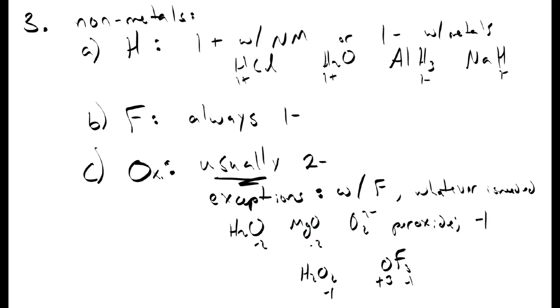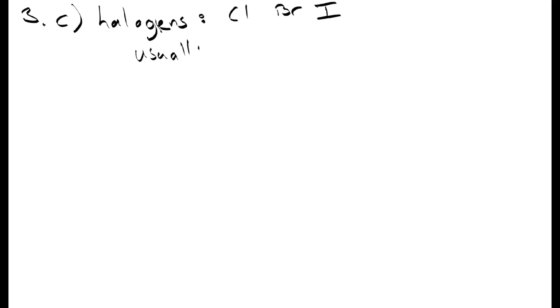And finally for this particular rule, 3C, the halogens. The halogens, in this case, is everything but fluorine. We have chlorine, bromine, and iodine. Okay, those are usually -1.